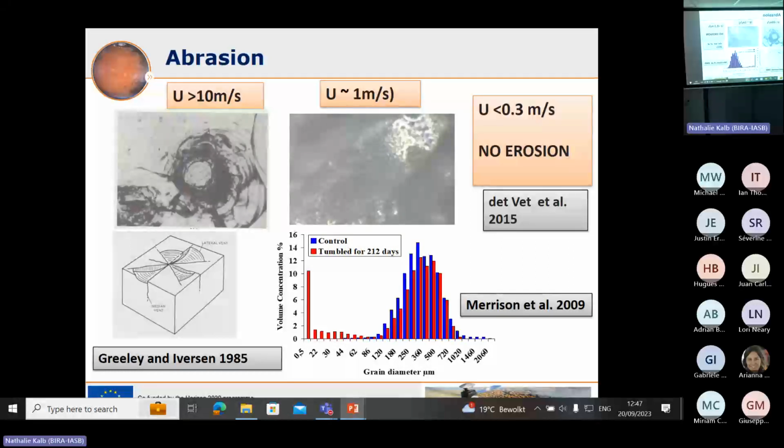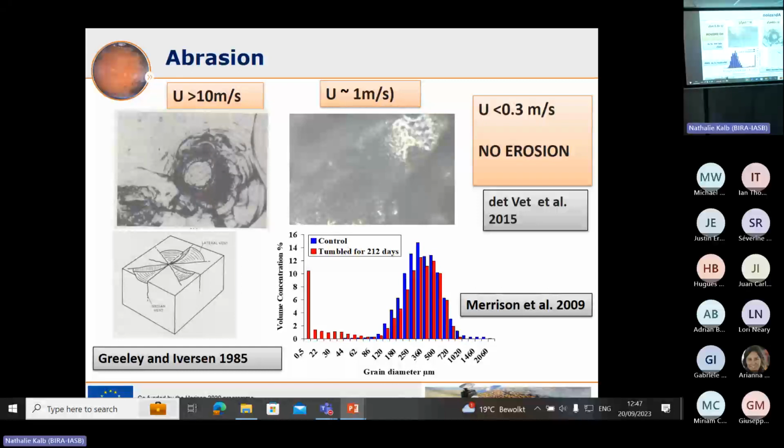I'm going to tell you a little bit about abrasion. I told you that sand grains hitting stuff can break. This doesn't really happen at really low velocities. It certainly happens at around 10 meters per second, which is an ordinary wind speed. There you get fracturing, and you can disintegrate a sand grain into smaller, big chunks.